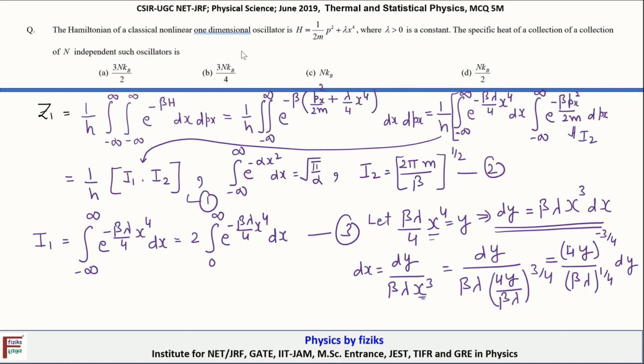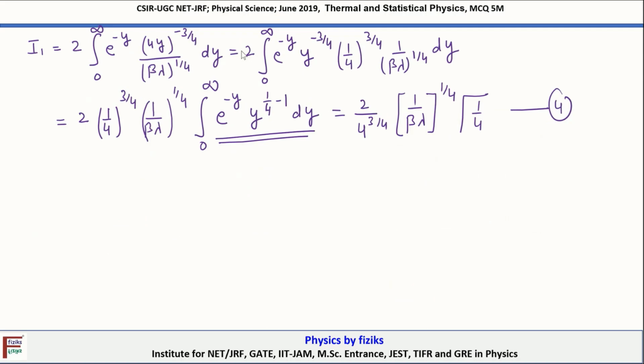Therefore the partition function z1, that is equation 1, is 1 by h multiplied by I1 into I2. Both of these integrals I1 and I2 we have evaluated, and now we simply substitute their values.